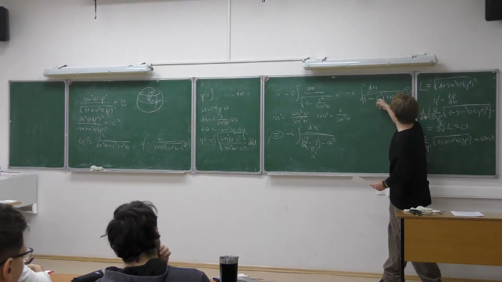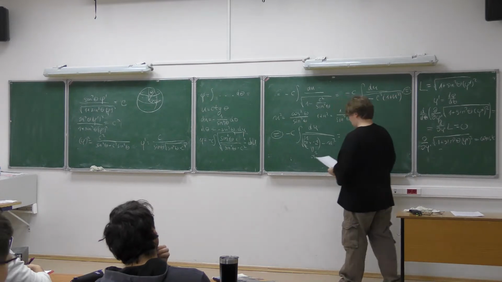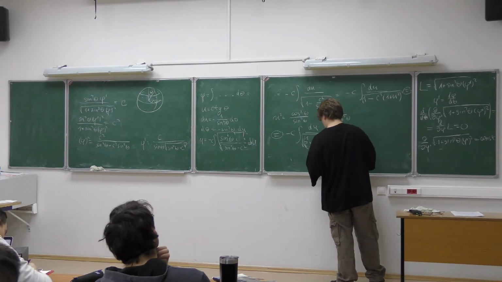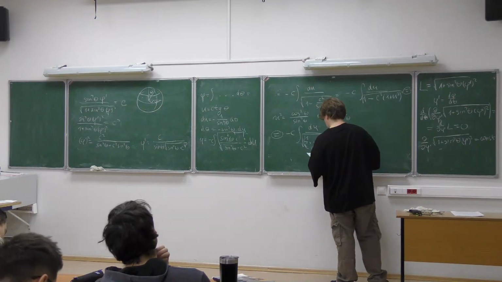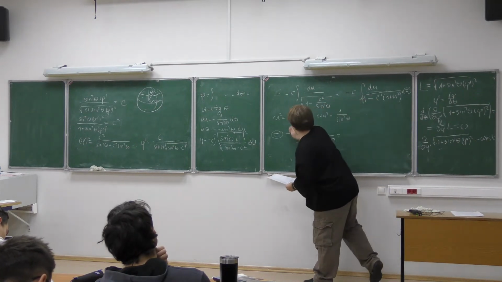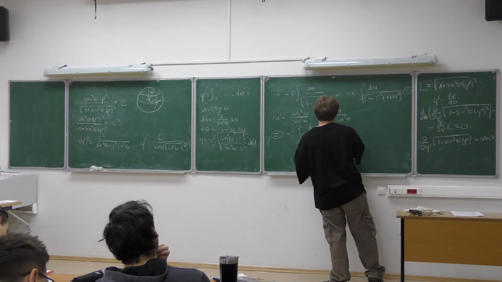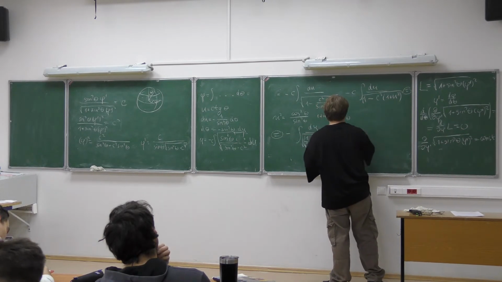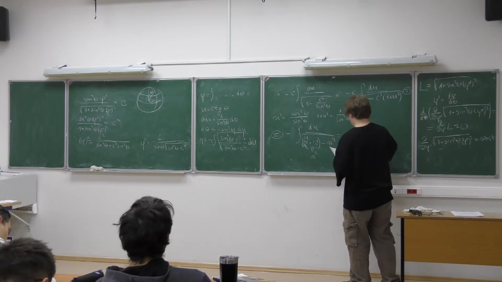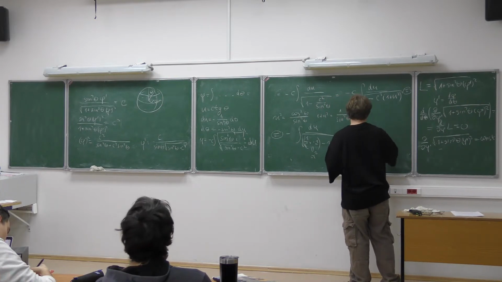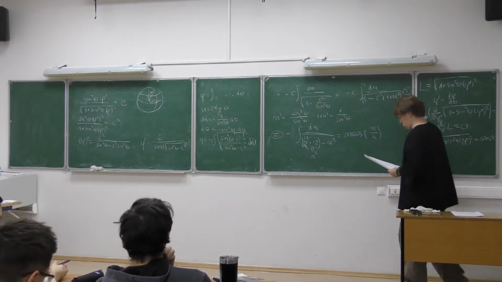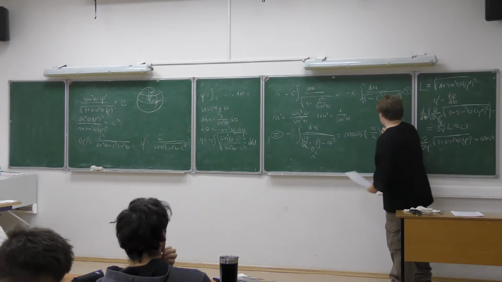These constants here, and it will be arc cosine u over 8 plus some constant.